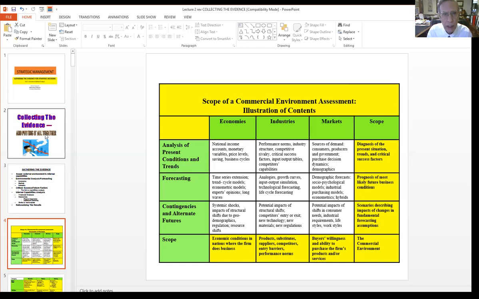And yet, it's very difficult to shift strategy and to arrange resources that are necessary to respond to changes in the external environment.